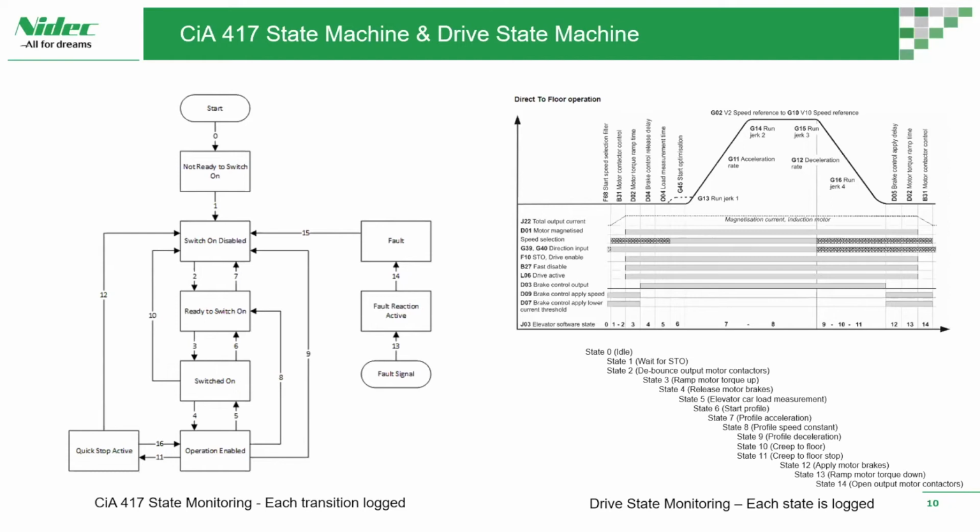There are 16 transitions that are recognized between these states, and each of these transitions is monitored and logged, and ultimately it monitors whether the system is not operating, ready to be operated, or actually operating.